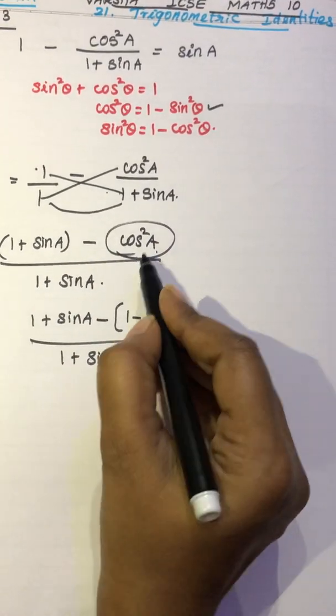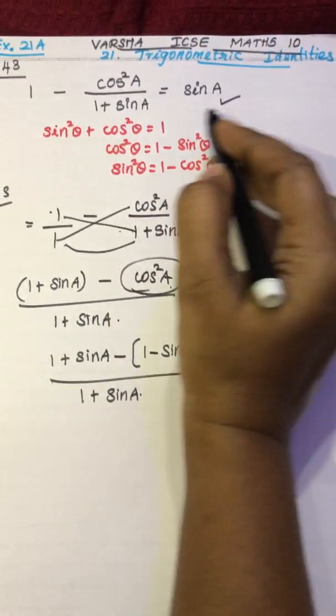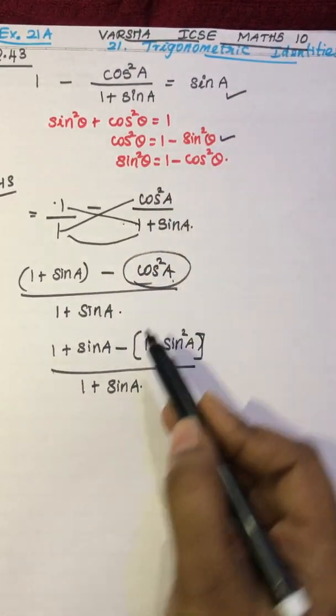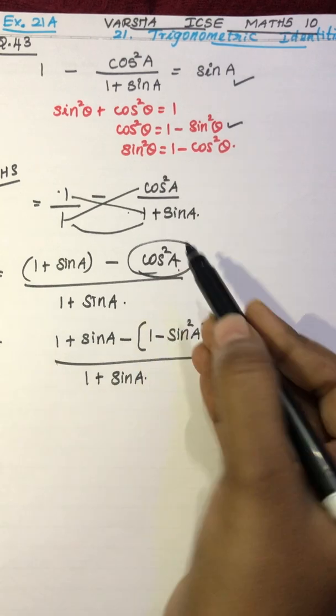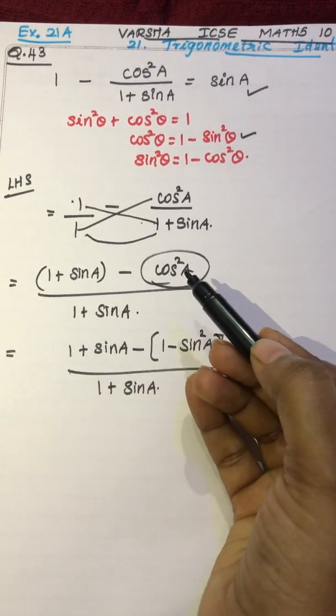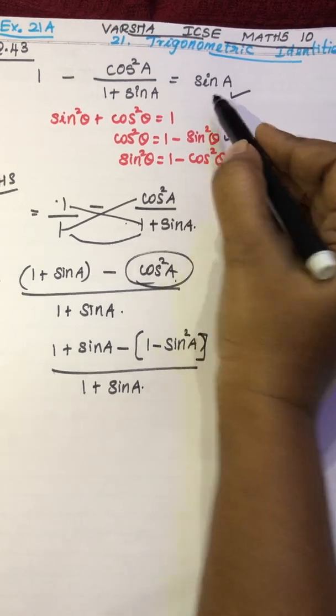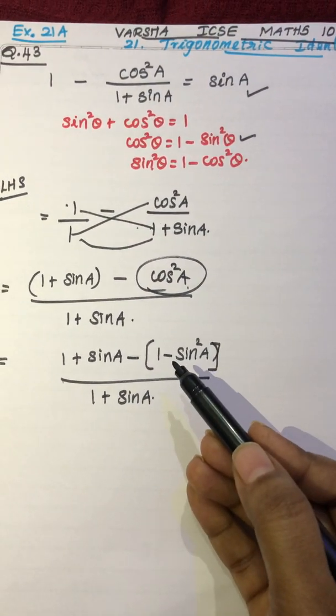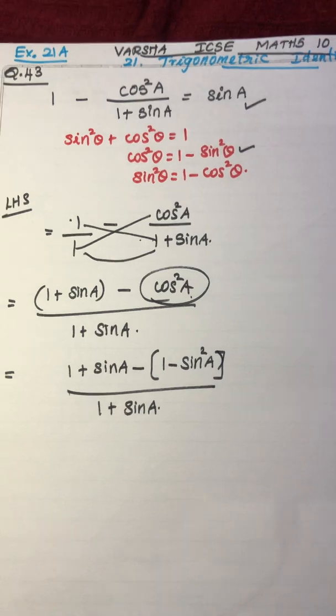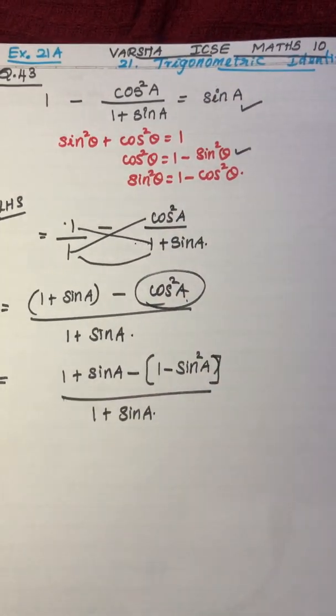Because the RHS has only sin A, so we have to eliminate this cos. In all trigonometry sums, we can see what is there on the right hand side, and decide the steps after seeing that right hand side.